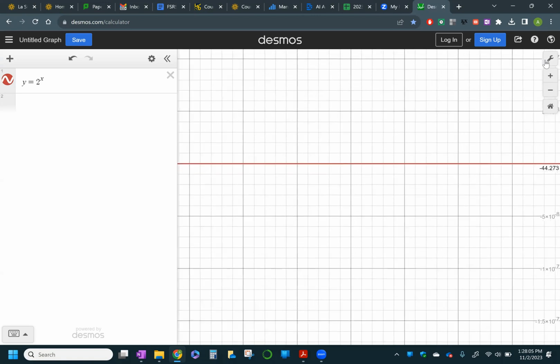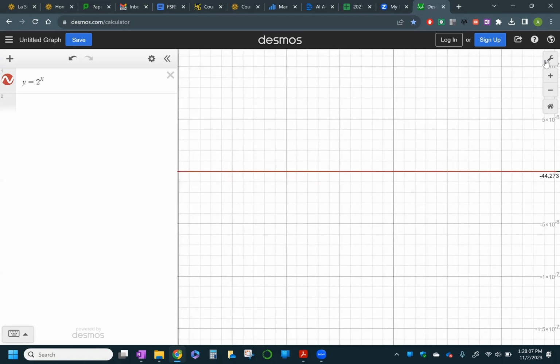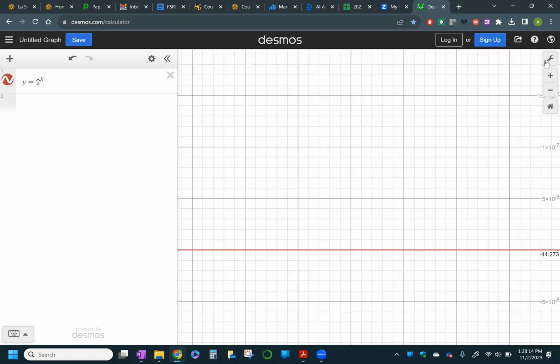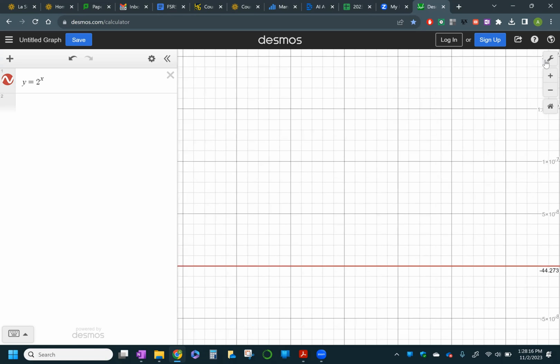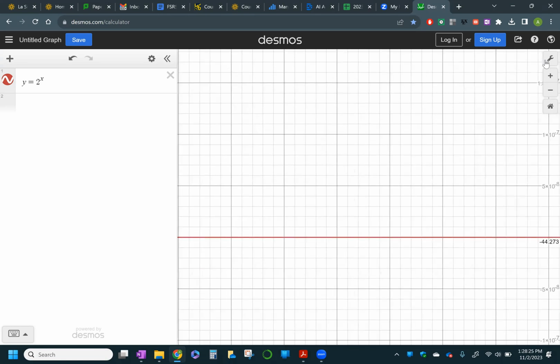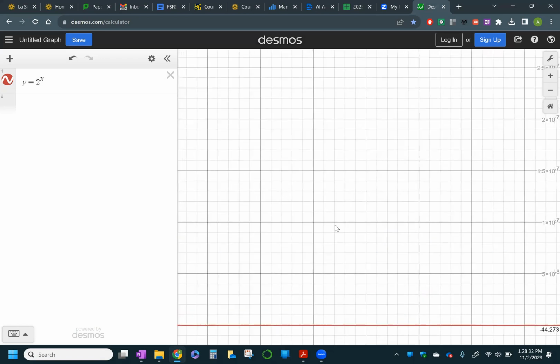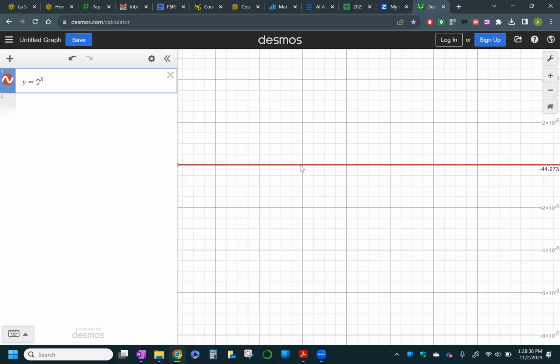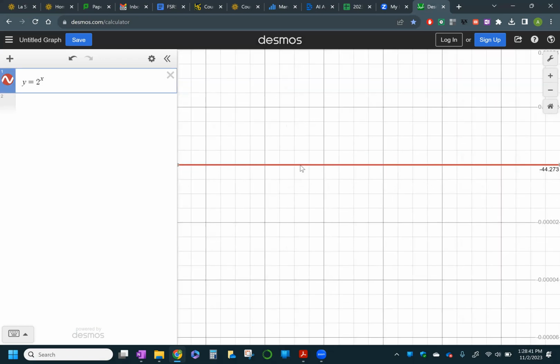We've reached the limits of Desmos. It shouldn't touch; there should be a gap there. Or do you think the line's sort of distorting? It looks a little bit squiggly, huh? It shouldn't be.